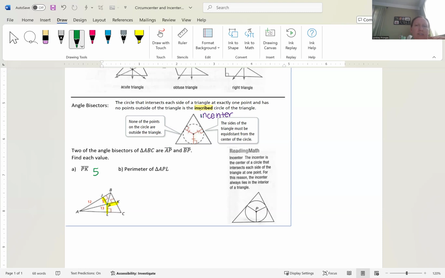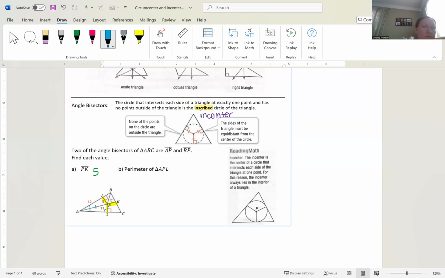What happens here is it actually forms some congruent triangles. So, I'm going to mark this up a little. We don't have to do this every single time, but I'm just showing you why this works. So we knew that if this is an angle bisector, that this and this are congruent. We know AP is congruent to itself.